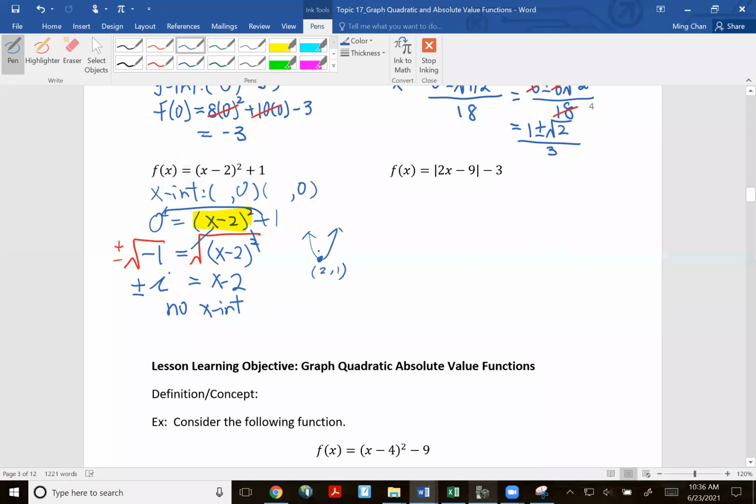That means this parabola never crosses over the x-axis, so you have no x-intercept. This is how you show it in terms of arithmetic, by having that i right there. If you want to finish the problem, just move the -2 over, put it in the front. So x is equal to 2 plus i or 2 minus i. No x-intercept when you have an i right here.